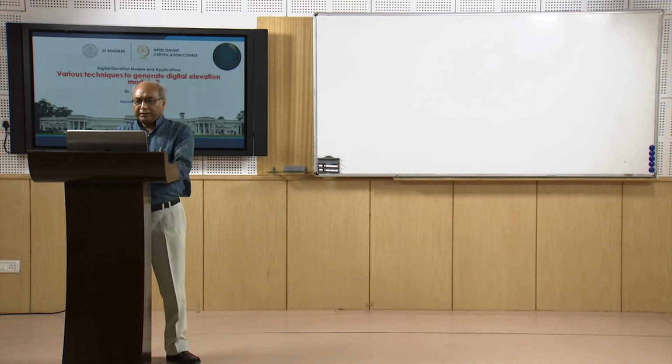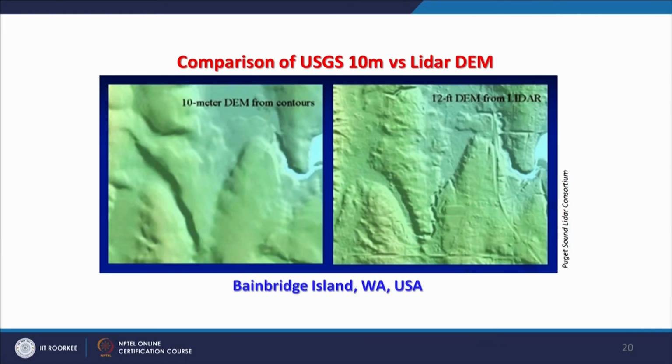So when we compare the Lidar DSM with the same area, say USGS 10 meter resolution, because Lidar has generated a surface model rather than an elevation model, you see a lot of differences. But there are techniques available by which you can remove this canopy and buildings from the surface, and a bare digital elevation model can also be generated.